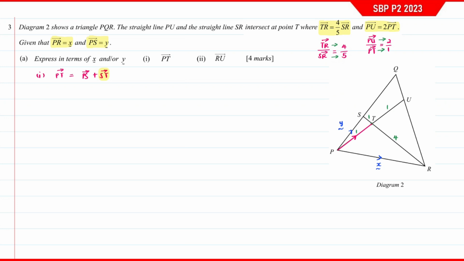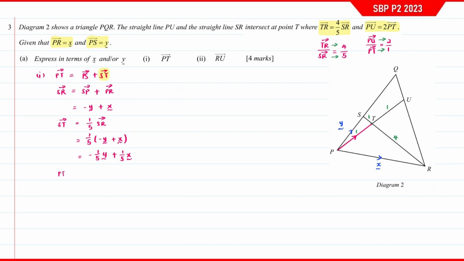To find vector ST, first we need to find the vector SR. SR is equal to SP plus PR, so here we get negative Y plus X. From the ratio given, we know that ST is equal to 1 over 5 SR. So we get 1 over 5 times negative Y plus X. After we expand this, we get negative 1 over 5Y plus 1 over 5X.